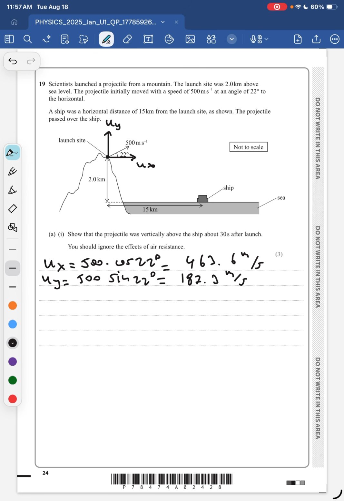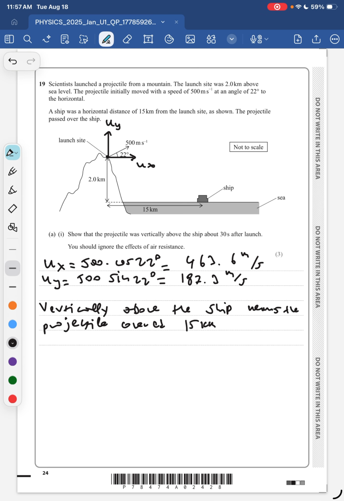Now let's do part A. Vertically above the ship means the projectile covered 15 kilometers in the x direction. So we're going to use x. In the x direction, we have s is u times t plus 1/2 at squared, but there is no acceleration in the x direction.